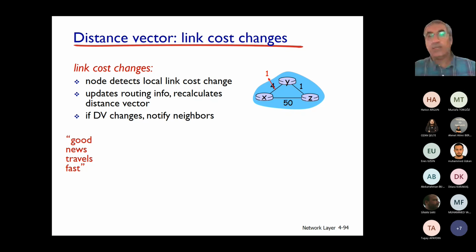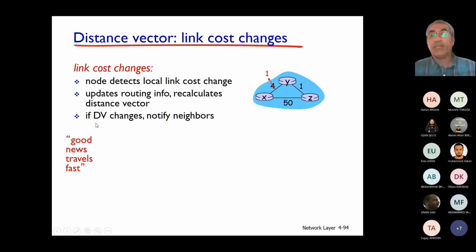If the link cost changes, for instance, we have 3 nodes. Initially it was 4. Let's say the link cost changed to be 1. It reduced from 4 to 1. So the node detects this local link cost change, and it's going to update the routing information and recalculate the distance vector.